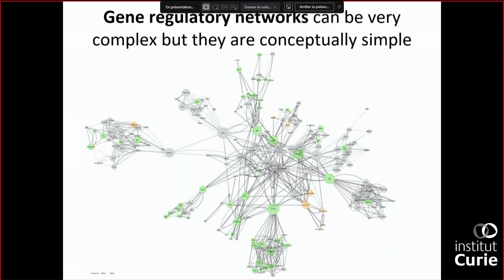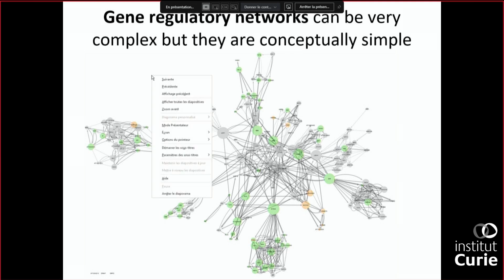This is an example of a gene regulatory network. I forgot exactly what this one is doing, but I just wanted to give you the idea that they can become very complex. They can include many nodes, many interactions, but conceptually they remain relatively simple.